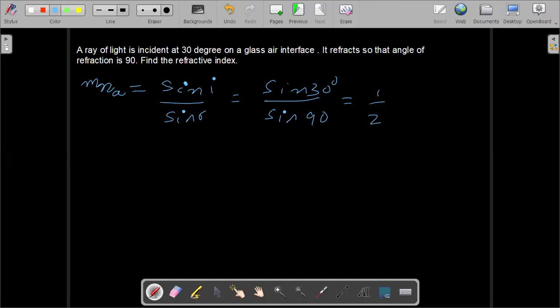Okay, so I think the light chapter is quite clear to everyone. Now any doubt from human eye? I think we have revised the human eye chapter thoroughly as well. Let me take some questions from chapter light.